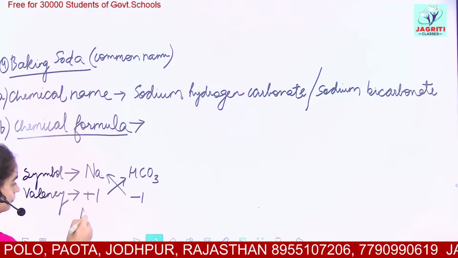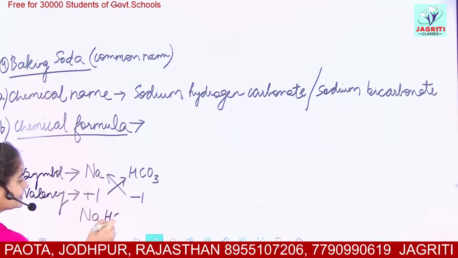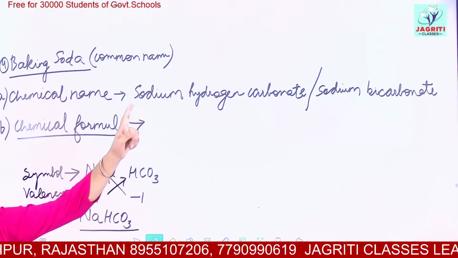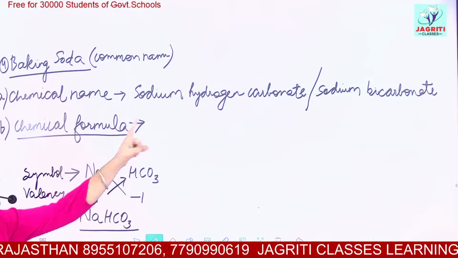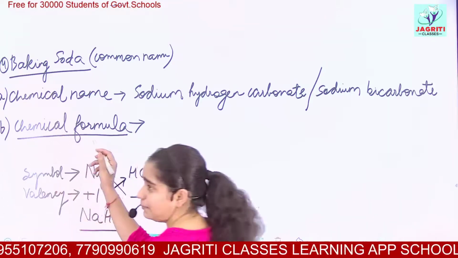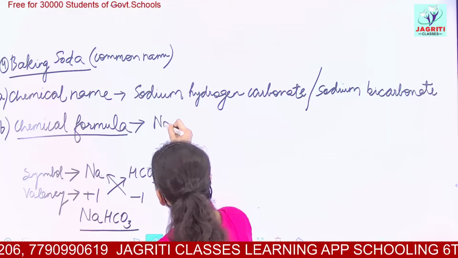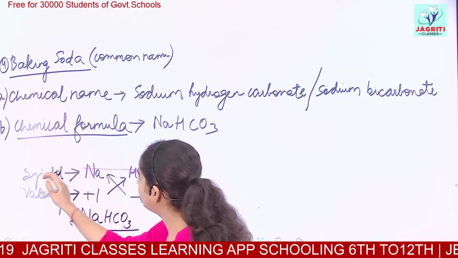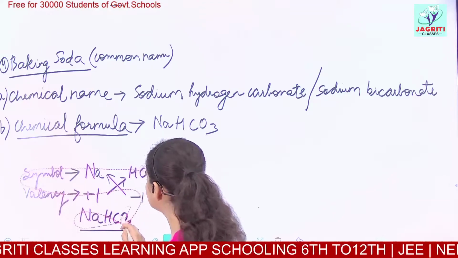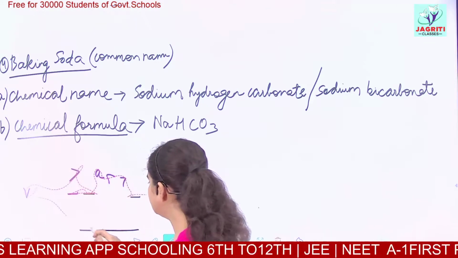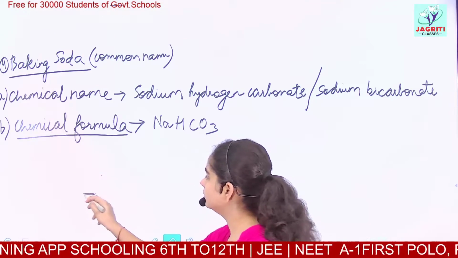So we get the formula as NaHCO3. This is the formula of sodium hydrogen carbonate. So the chemical formula is NaHCO3. We have done the chemical name and chemical formula.